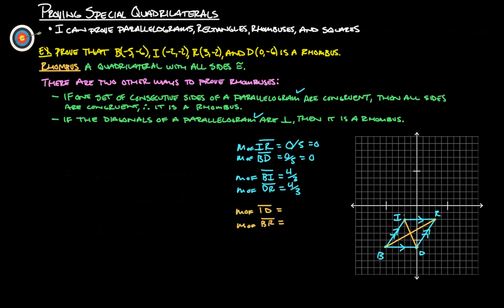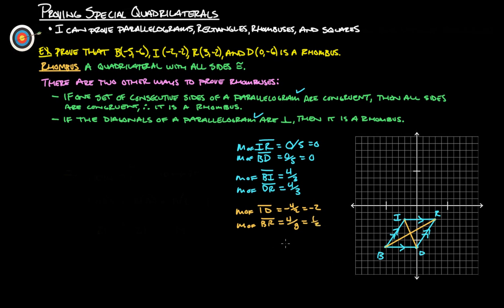From I to D, going from the leftmost point, we go down 4 over 2, so it's -4 over 2, which is -2. From B to R, it's up 4 and over 8, so that's 4 over 8, which equals 1/2.